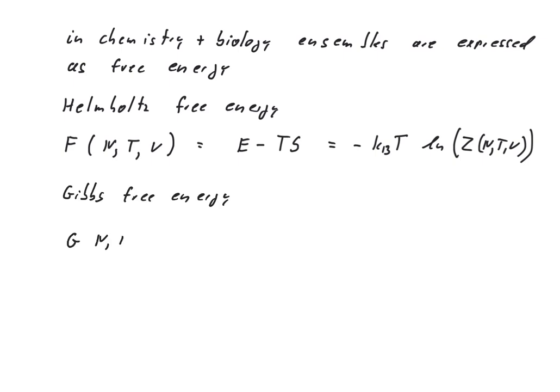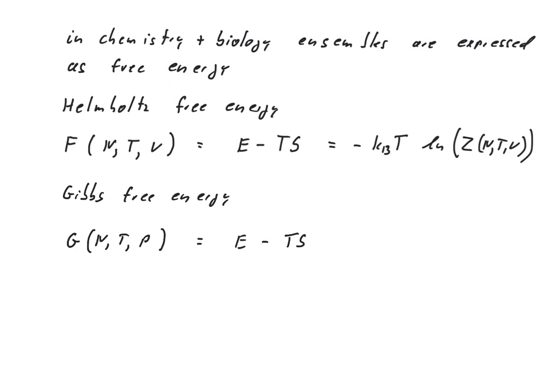And actually for chemical reactions, or also for biological reactions, it's more handy to express the values in terms of the Gibbs free energy, which has the free parameters N, the number of particles, the temperature, and the pressure. The reason for that being that volumes might not be constant. A cell can change its volume due to osmotic pressure, for example. But the pressure in the outside world is constant.